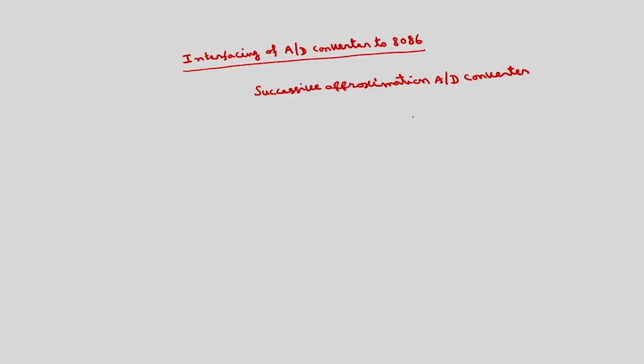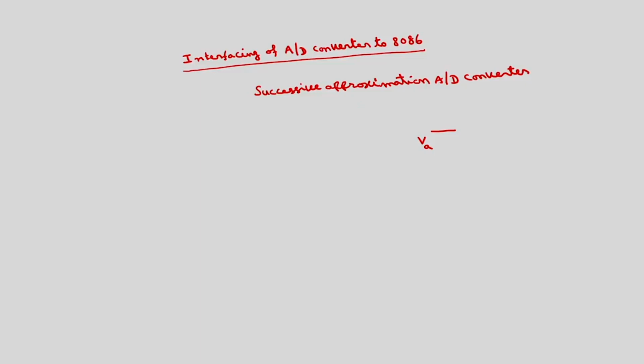So what is the principle of this successive approximation type A to D converter? Basically, we will have an analog signal which has to be converted into digital. This is the analog signal VA which has to be converted into digital. If I want a 3-bit equivalent of this, I am going to use a 3-bit A to D converter.